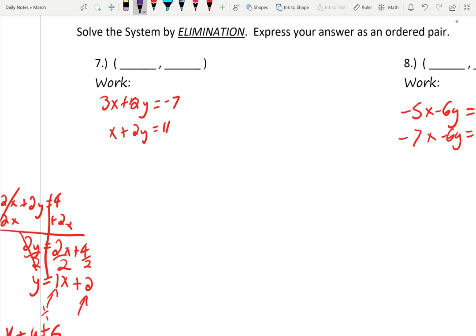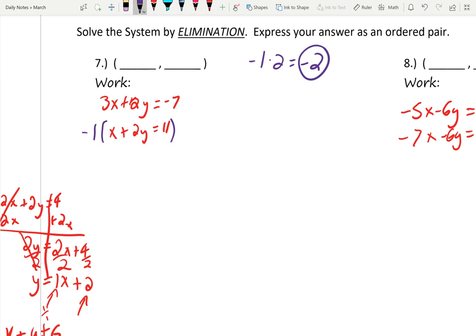So I'm going to take the bottom equation, and the way I can make a positive 2 turn into a negative 2 is by multiplying it by negative 1, because negative 1 times 2 gives me negative 2, and that's what I need in order to cancel with a positive 2y. I'll leave the first one as positive 2y, but I'll multiply this equation by negative 1 so that this becomes a negative 2y.